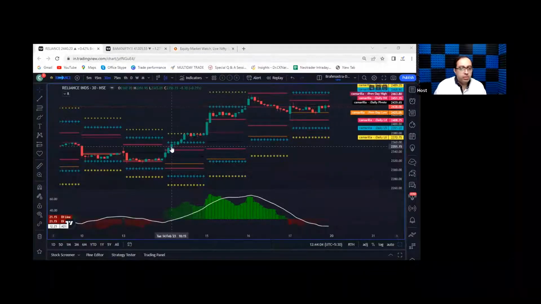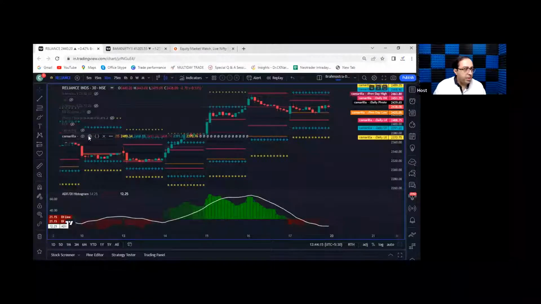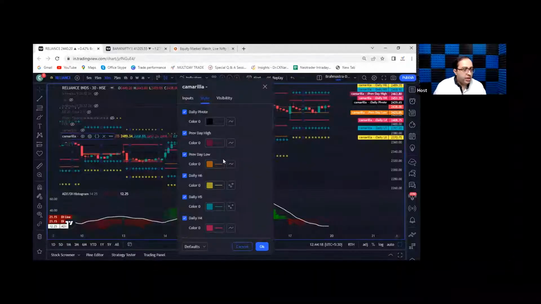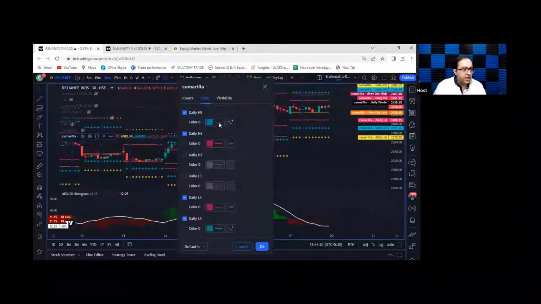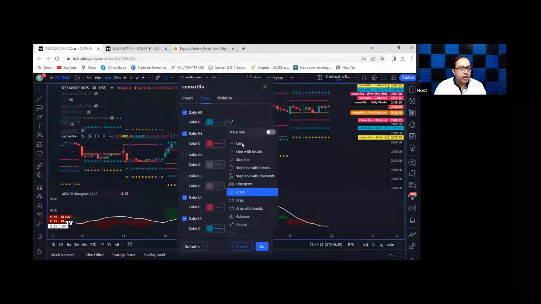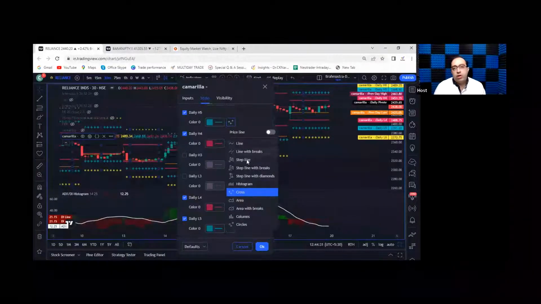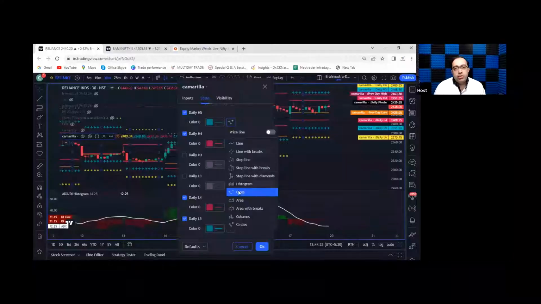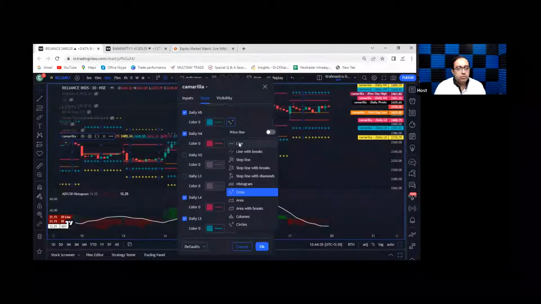Let's check one more example. Just go here to Camarilla and these settings, go here and put in your color. You can put your color from here and you can select whatever style of lines you want. Got it?